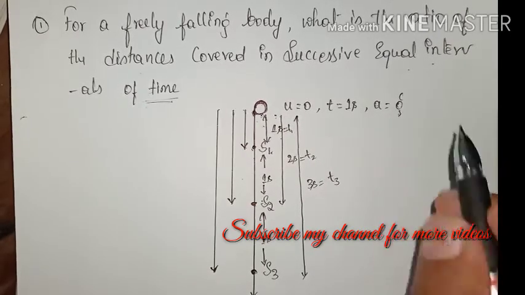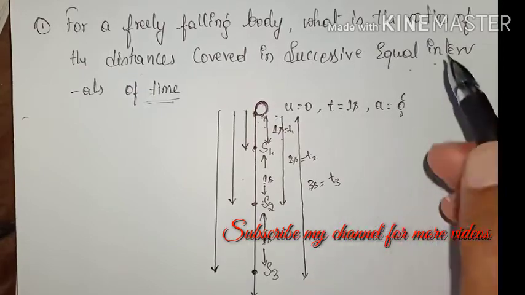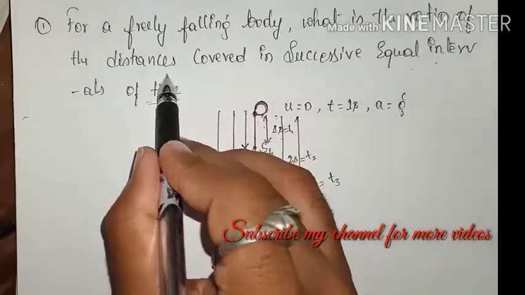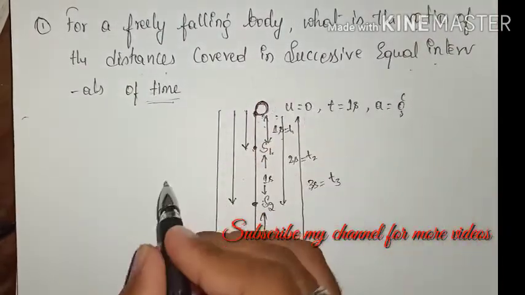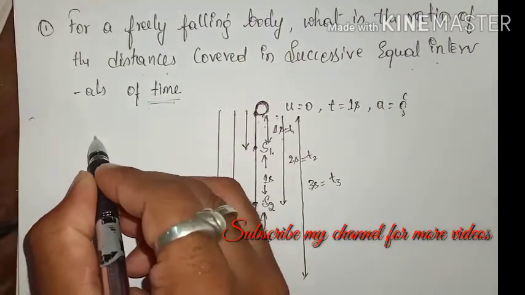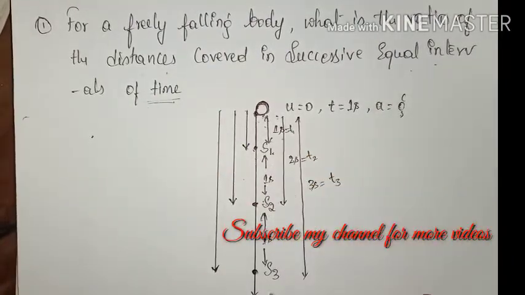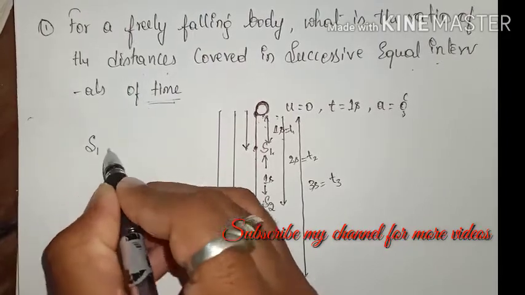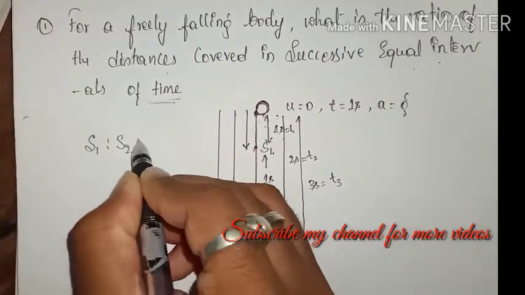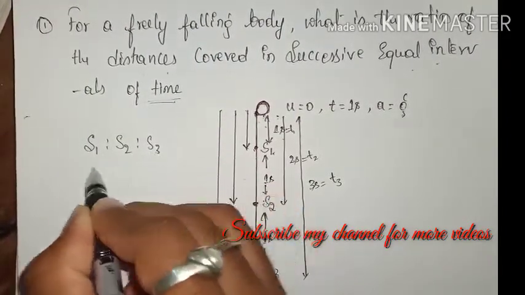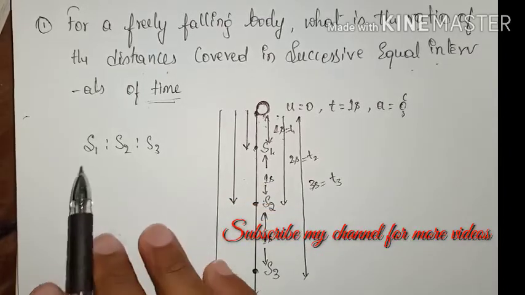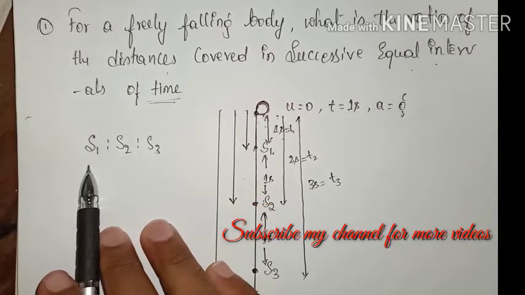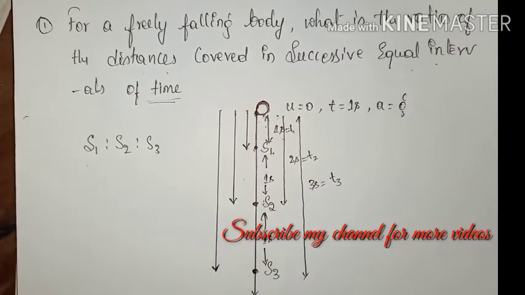So we got the acceleration, and now we are finding the ratios of the distance covered. We have taken 3 points here, so S1 is to S2 is to S3, the ratio of S1, S2, S3. It means you are supposed to find the distance or displacement. We can call it displacement also.